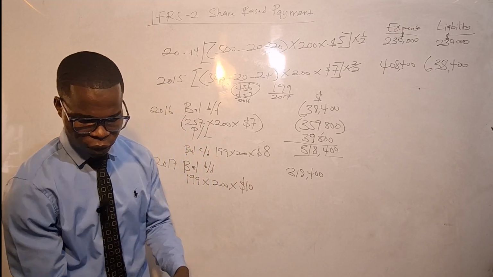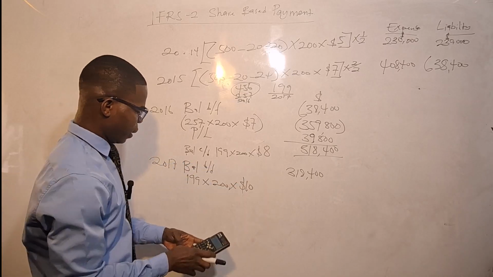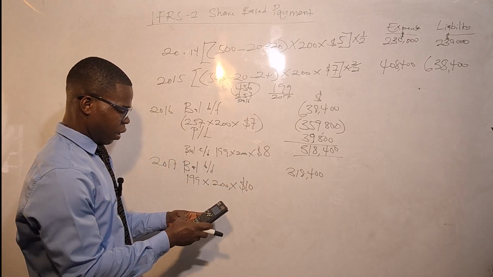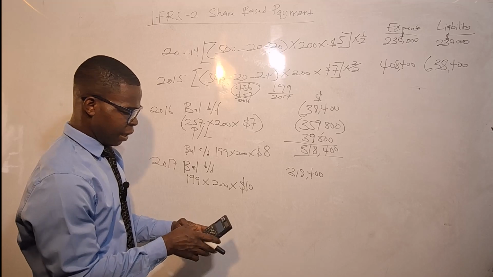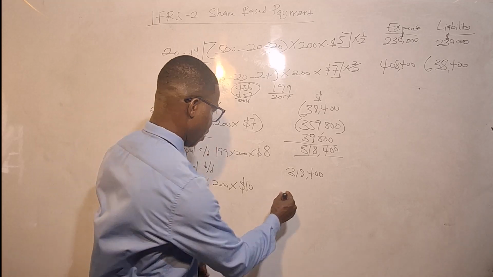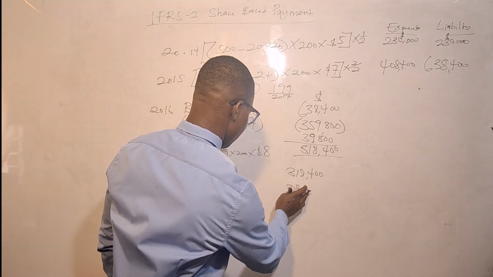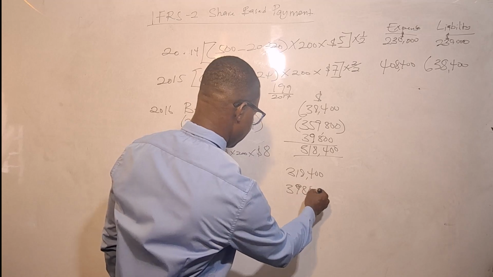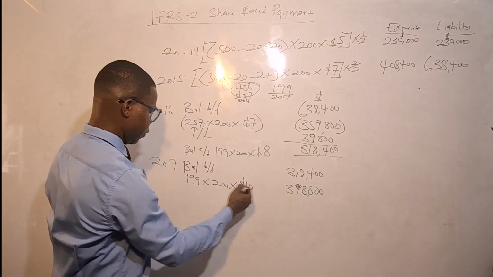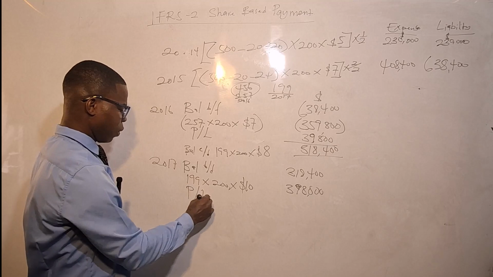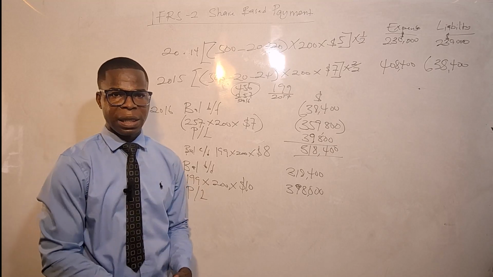Now let's do the computation to see what we are getting. So 199 times 200 times 10 gives 398,000. Any difference between this figure and the balance brought forward of 318,400 must go to profit or loss account, because we are closing everything.